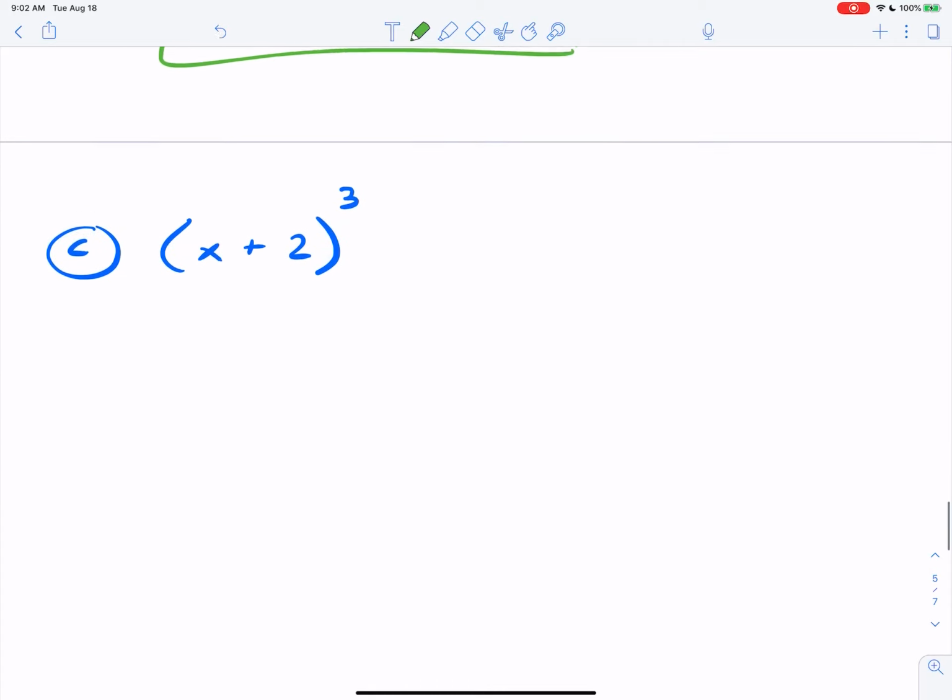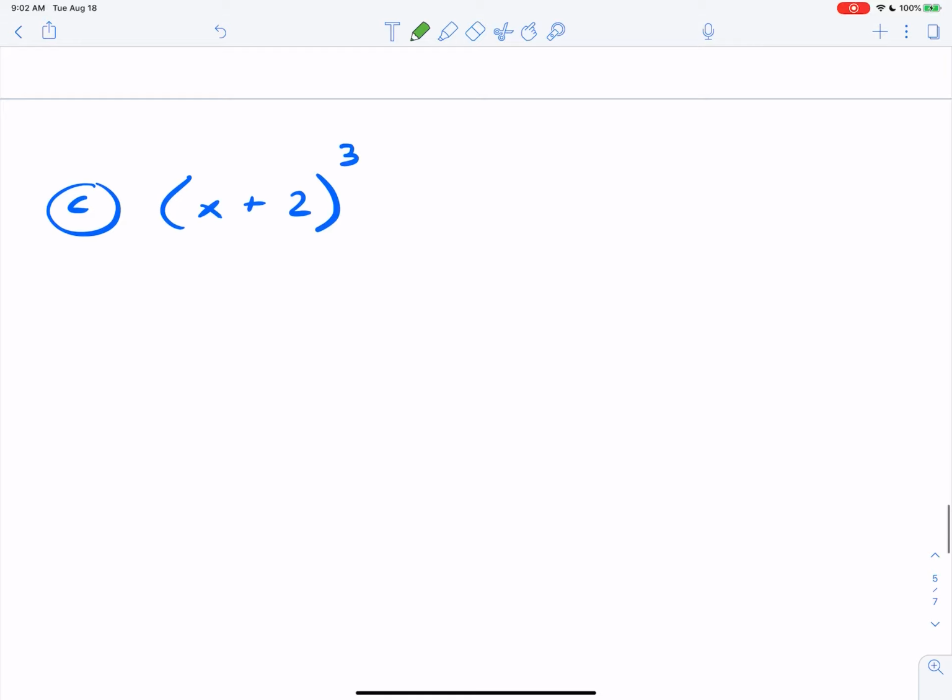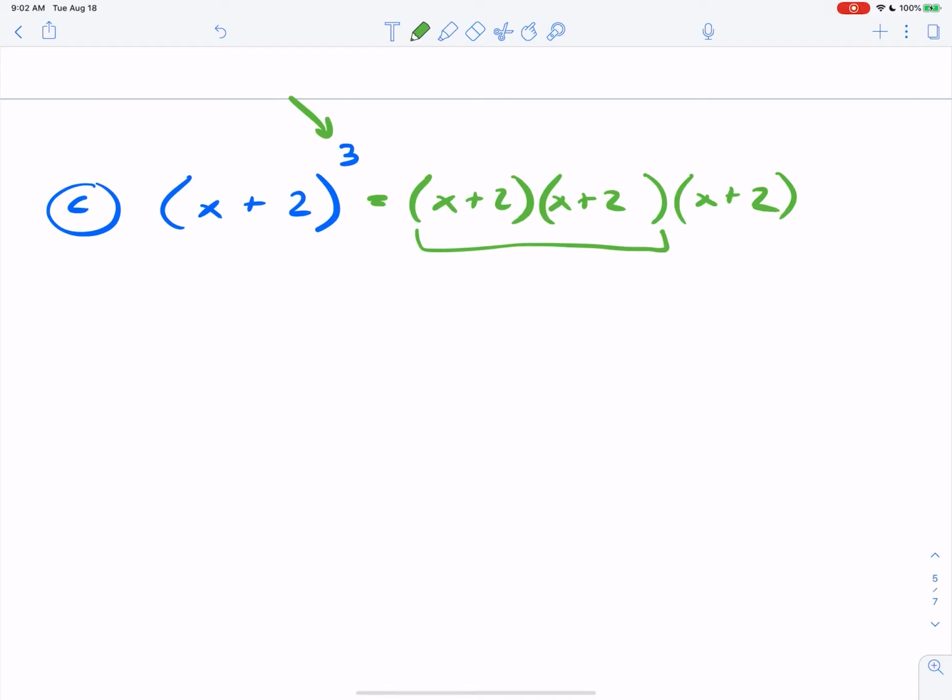Okay, now the last one here, you have a cubic. That just means you're multiplying it by itself how many times, right? So it should be 3 different times. So here's what you do. If you take care of these two, okay?